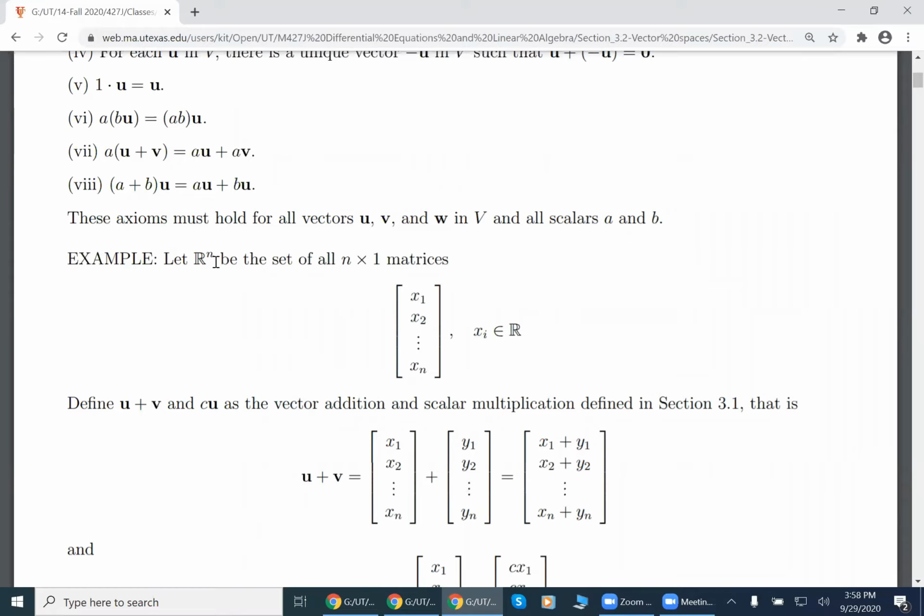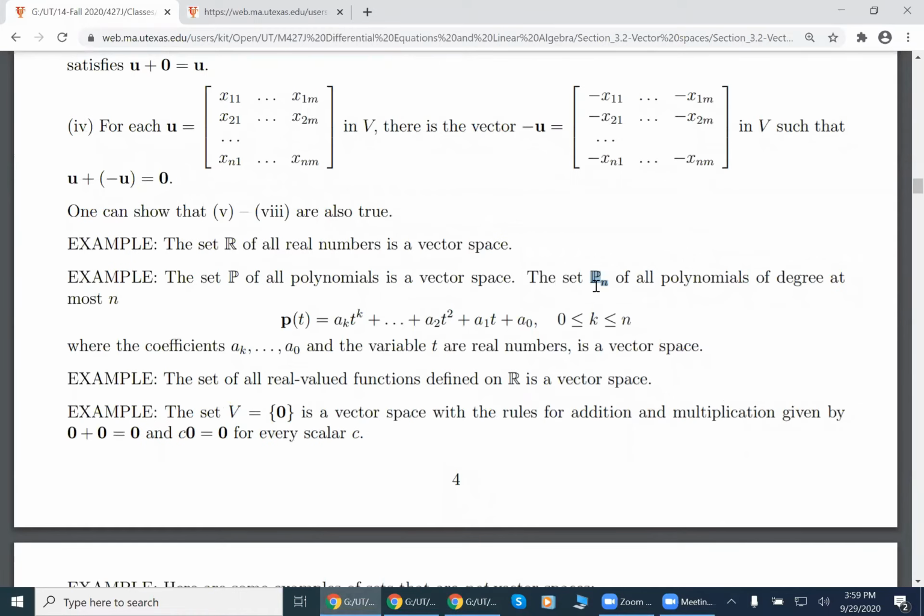Here is why. R2 is not a subset of R3 because R2 consists of all matrix columns with 2 rows. R3 consists of all matrix columns with 3 rows. These are different things. So, once again, R2 is not a subset of R3, but P2 is a subset of P3.